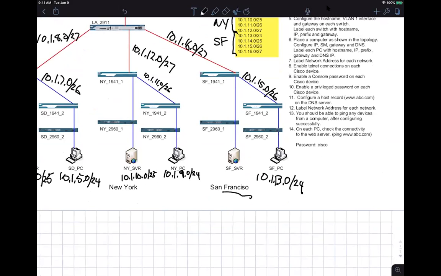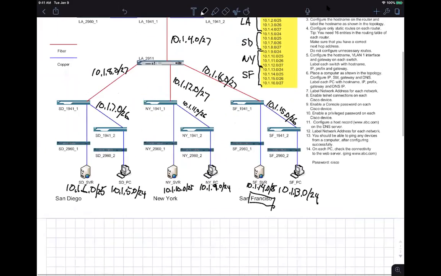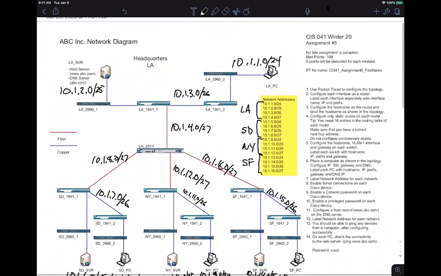It looks like I have to correct that misspelling. 10.1.14.0/25. Okay.